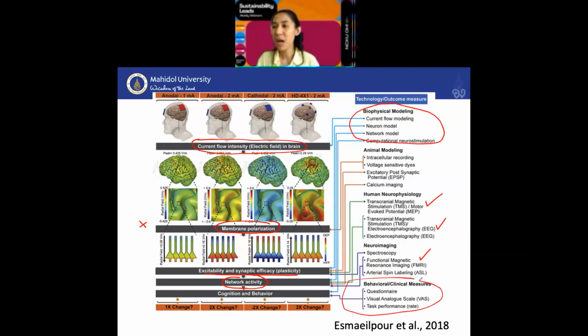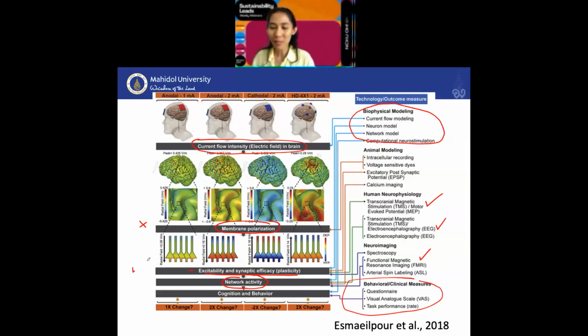But keep in mind, sometimes you probably find that the MEP changed but the clinical outcome does not change. Keep in mind that it's probably not always in the same direction. It's probably just a change at the synaptic level.